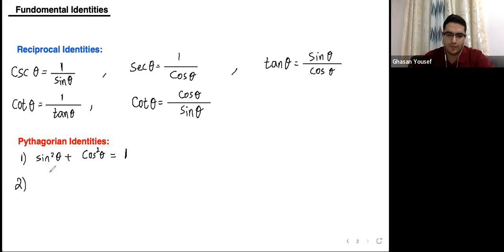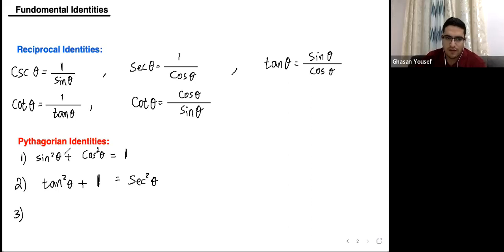Number 2: if I divide everything by cosine squared, I get sine squared theta over cosine squared theta, so tan squared theta plus 1 equals 1 over cosine squared, the reciprocal, which is secant squared theta.